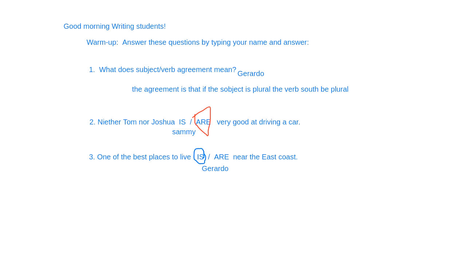Okay, so the subject should match in number, like singular or plural. Singular, plural means more than one. So think of agreement as matching. So that's what that means.